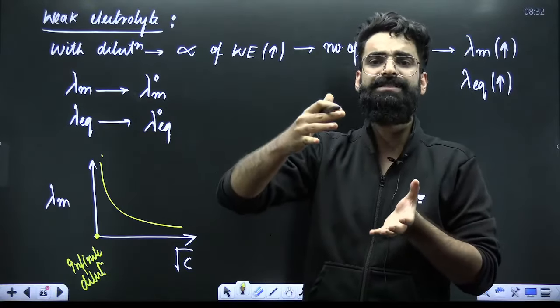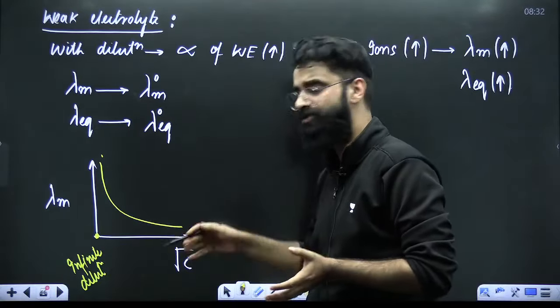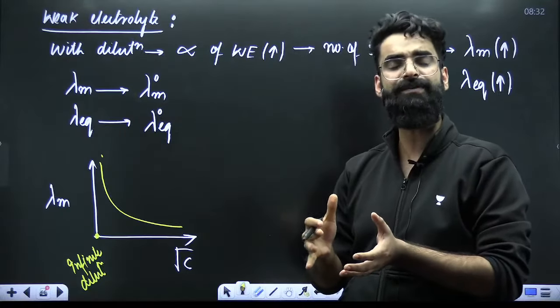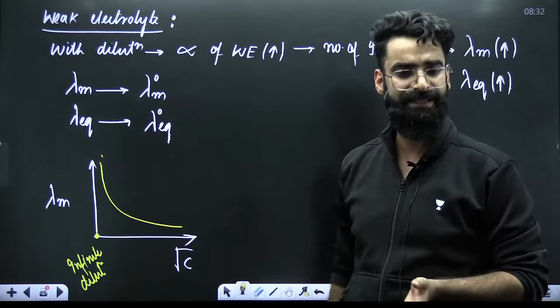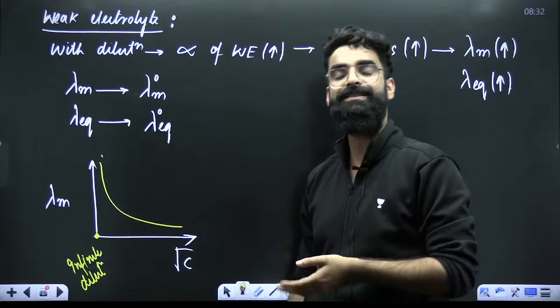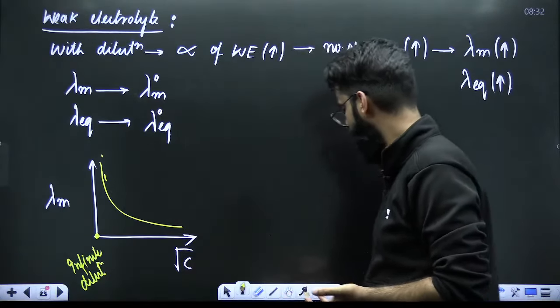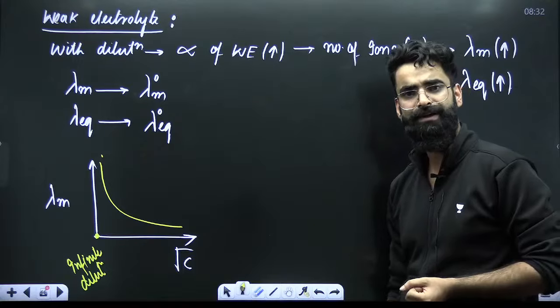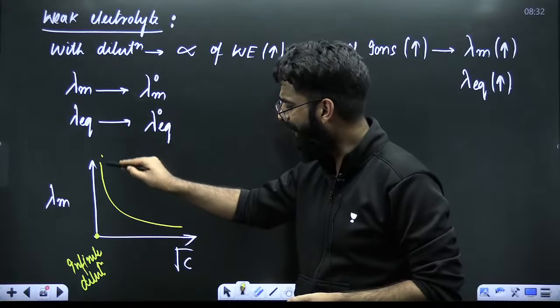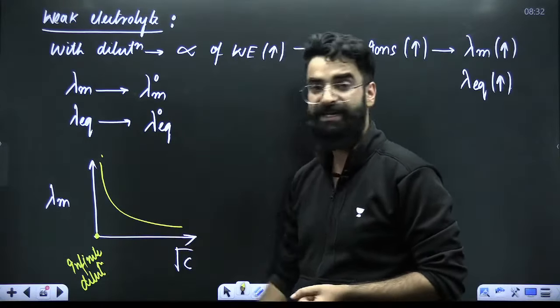Now the volume of the solution is decreasing. In this direction, the volume of the solution is decreasing. If the volume of the solution is decreasing, what does that mean? That means the number of ions in the solution will be decreasing. If the number of ions in the solution is decreasing, I'll say molar conductivity as well as equivalent conductivity will be decreasing also. Perfect. But from this graph, are you able to find the molar conductivity at infinite dilution?